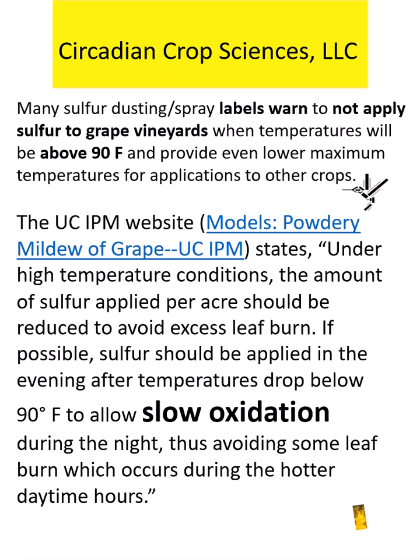If possible, sulfur should be applied in the evening after temperatures drop below 90 degrees Fahrenheit to allow slow oxidation during the night, thus avoiding some leaf burn which occurs during the hotter daytime hours.